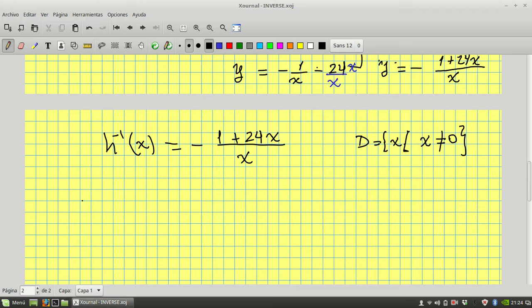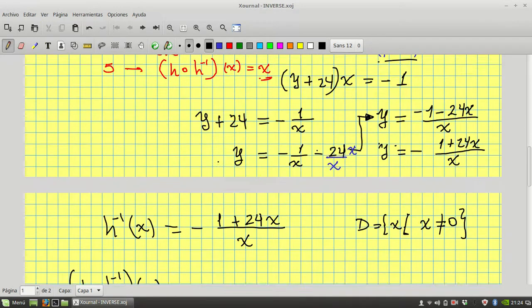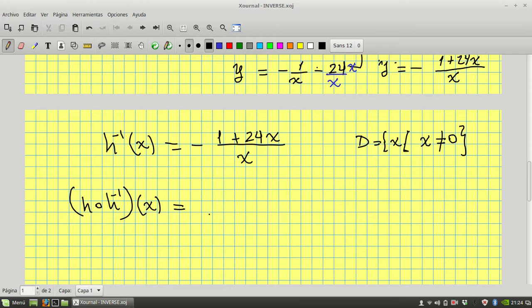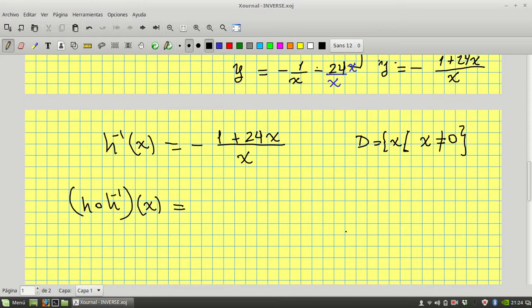Now, let's check h composite the inverse of h. Remember that the composite is to set, instead of x here, we're going to set the inverse. So minus 1 over, and instead of x, I'm going to write this, that is 1 plus 24x over x.